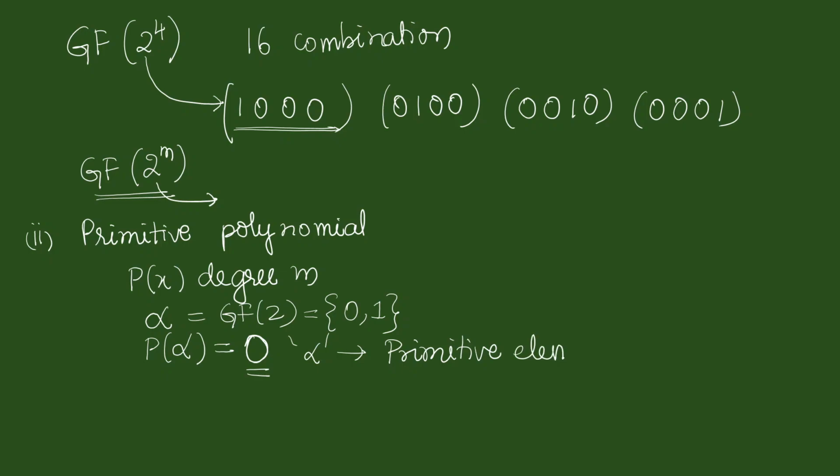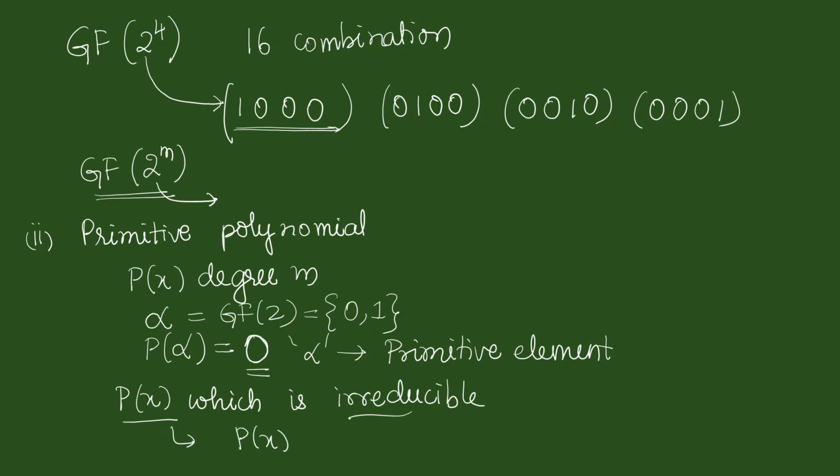That means the root of that particular polynomial, whether it is 0 or 1, is called a primitive element. If I have a polynomial in x which is irreducible, that means this particular polynomial does not possess any factors.